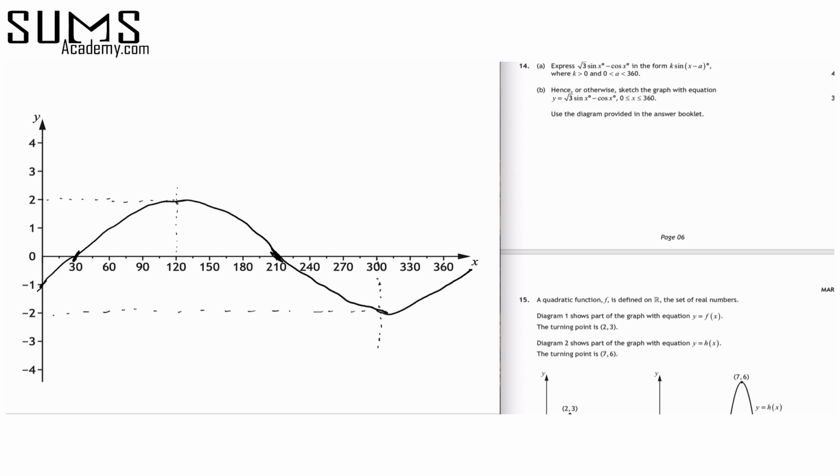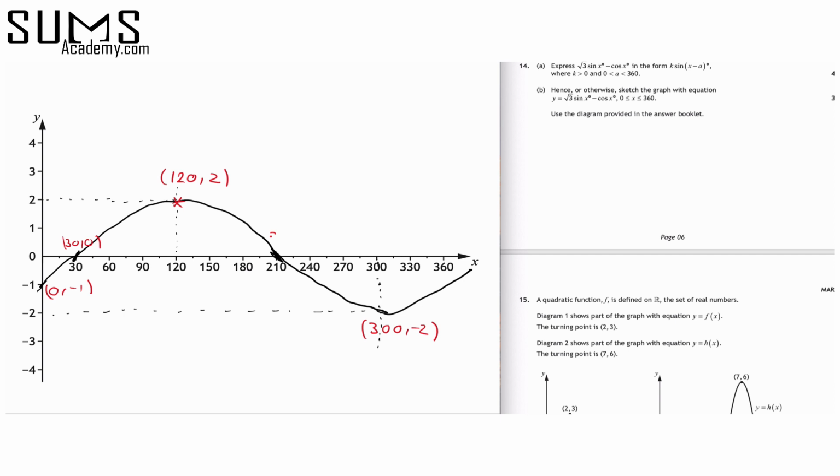Just to be extra clear, we'll put in the coordinates. So that's (120, 2). This is (300, -2). This is (0, -1). That is (30, 0).